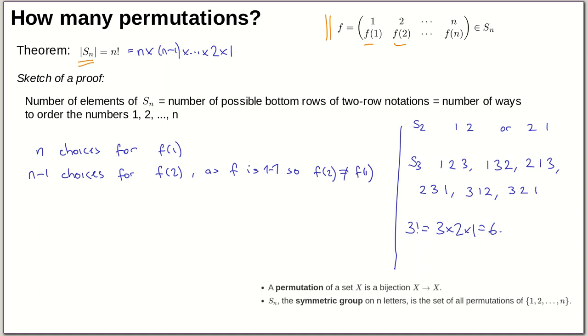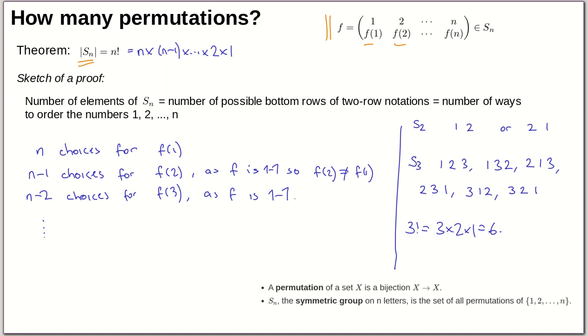The same reasoning applies to f of 3. F of 3 can't be equal to f of 1 and f of 2 because f is supposed to be one-to-one. So f of 3 can be anything you like, except that it can't be equal to f of 1 and f of 2. And so on. We can keep making this argument over and over again.